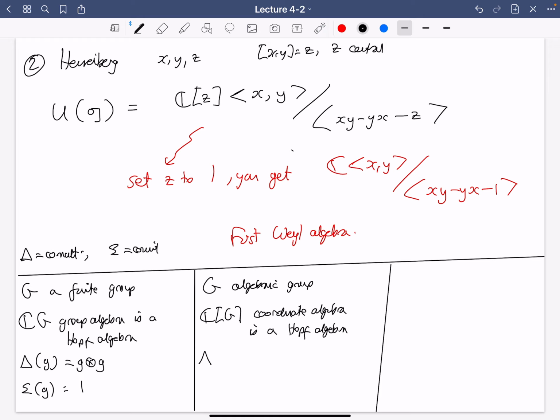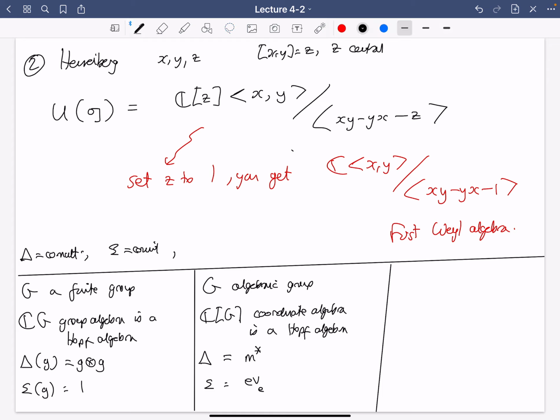In that case, the co-multiplication was indeed the comorphism of the multiplication on the algebraic group, and the co-unit was evaluation at the identity element. So for the coordinate algebra of an algebraic group, maybe I should write down the antipode as well here.